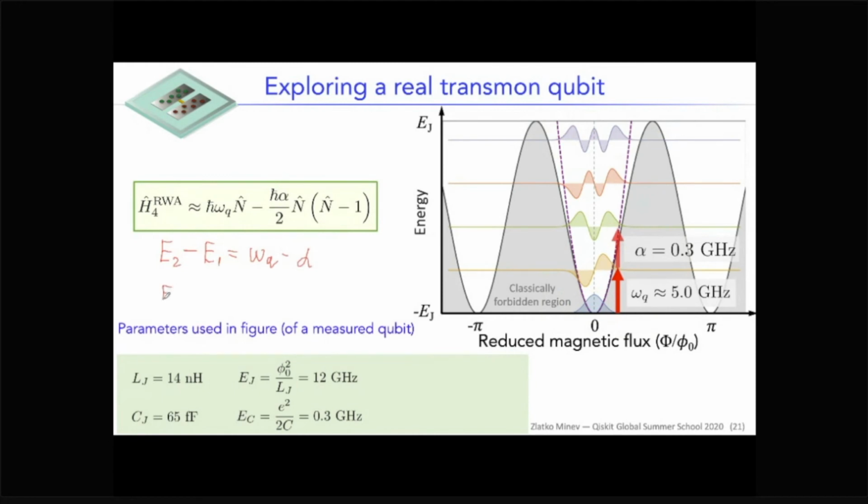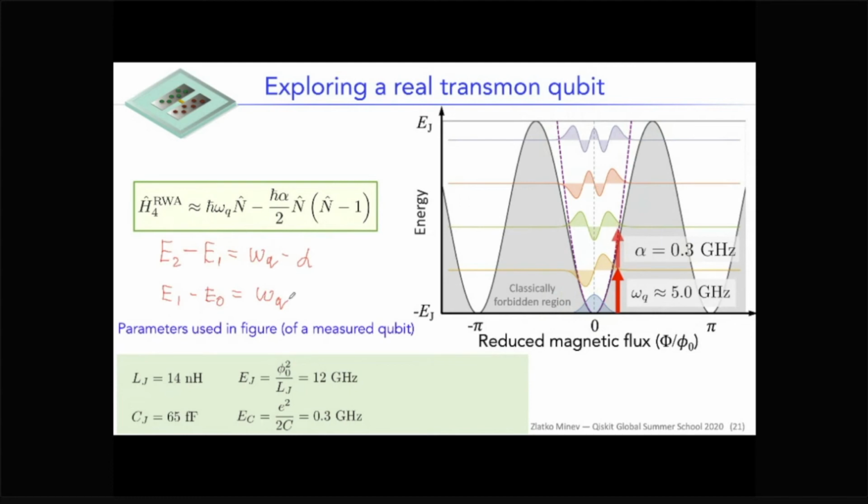Whereas the difference between the energy of the first level and the energy of the ground level is equal to omega qubit. And this is precisely what we set out at the very beginning of our talk yesterday, that we wanted an anharmonic level diagram, a level diagram where the levels are not equally spaced.